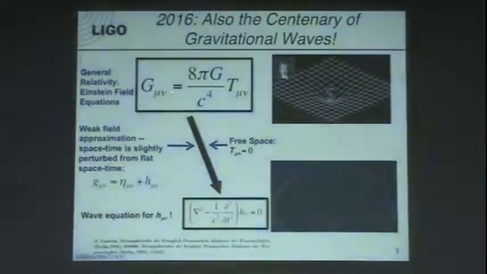On the left-hand side is geometry. It is space and time, encoded in something called the Einstein tensor G mu nu. And I apologize for the notation, this is just historical. G is the Newtonian gravitational constant. On the right-hand side, that quantity T mu nu is matter and energy.